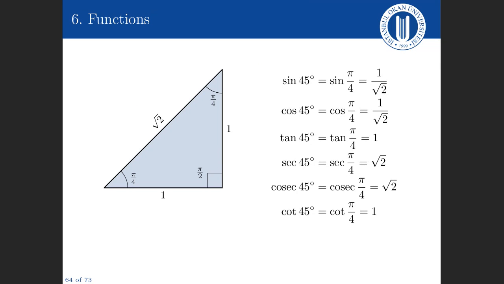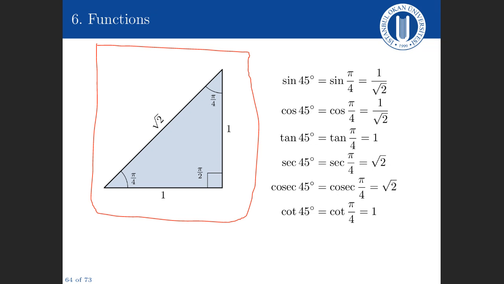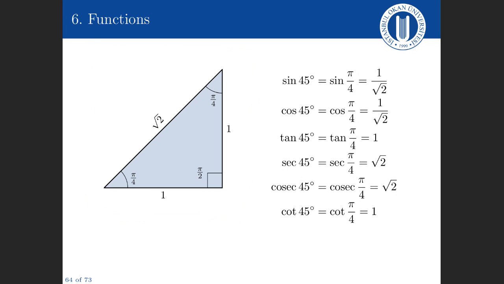Let's look at some very common results. First of all, this triangle, a right angle triangle of length 1, 1, and then by Pythagoras, this side must be the square root of 2. And I'm interested in the angle pi divided by 4, or 45 degrees.